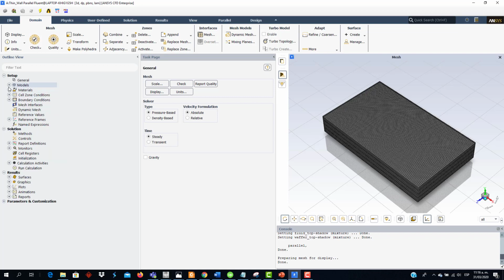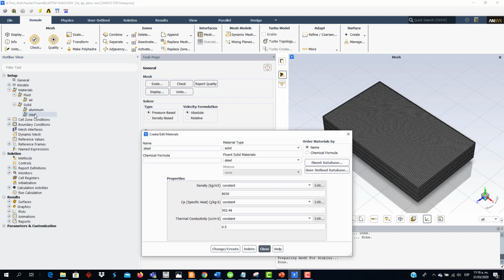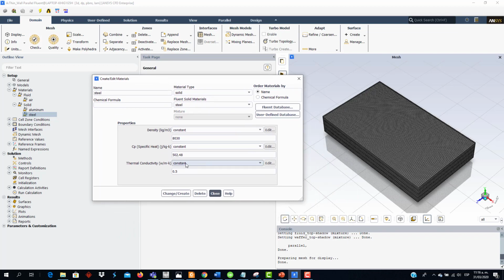Okay, now we have defined air as the fluid material, and also we have defined aluminum and steel. With the steel, we have changed the thermal conductivity in order to magnify the effect of this parameter and the changes on the temperature profiles that we are going to obtain in this example.